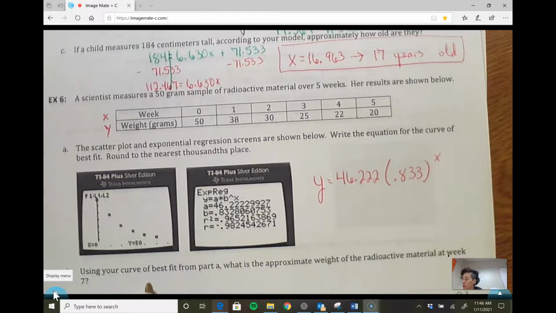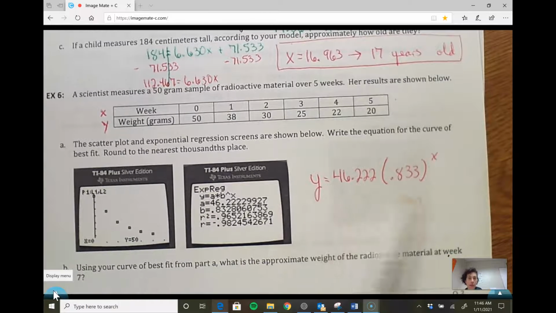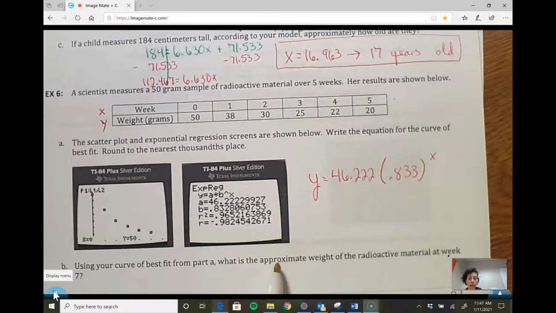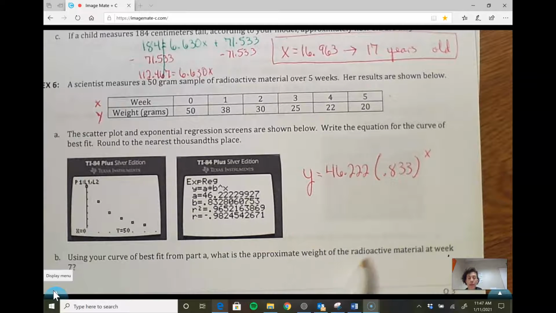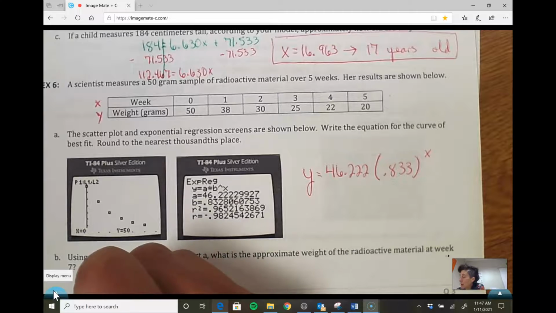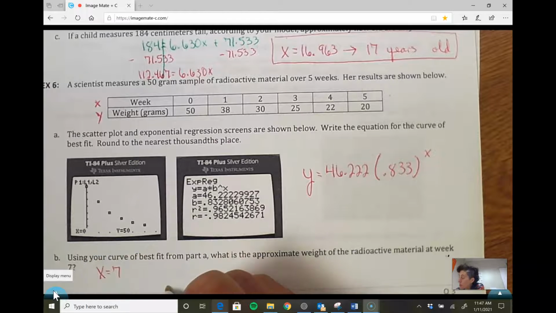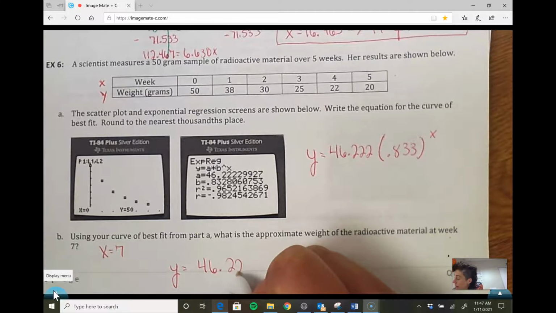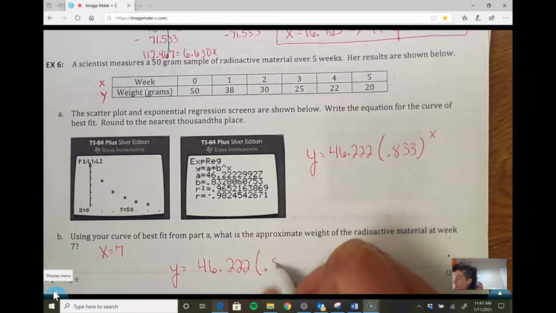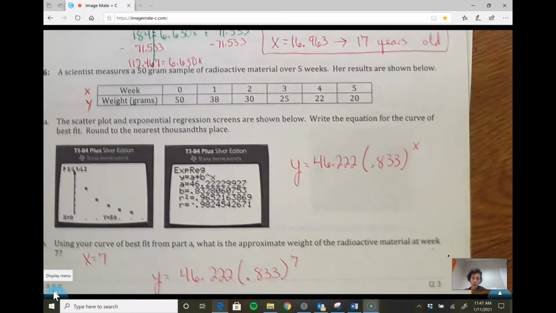All right, now we're going to use the curve of best fit. So we're going to use this, and we're going to approximate what is the approximate weight of the radioactive material at week 7. So since that's the week that I know, that's going to be X. And so I'm just going to go to my paper, write down what I'm about to type into my calculator. And for this one, it's very important that you follow the order of operations if you are using your phone.